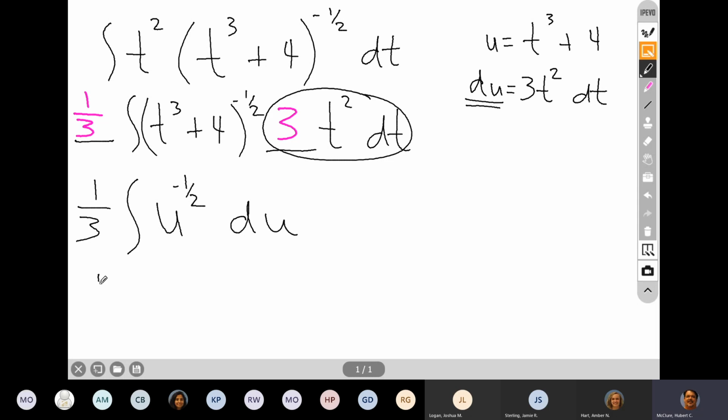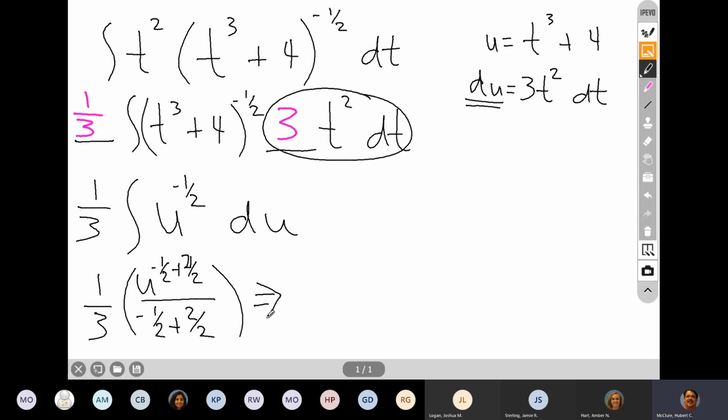And that's going to be 1/3 parentheses, u to the negative 1/2 plus 2/2 over negative 1/2 plus 2/2. I'm just doing it step by step. You don't have to do that. And that's going to give us 1/3. I'm just leaving that out front. And that's going to be u to the 1/2 over 1/2.